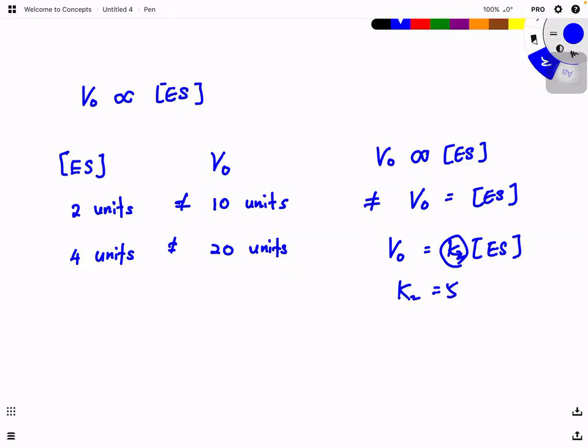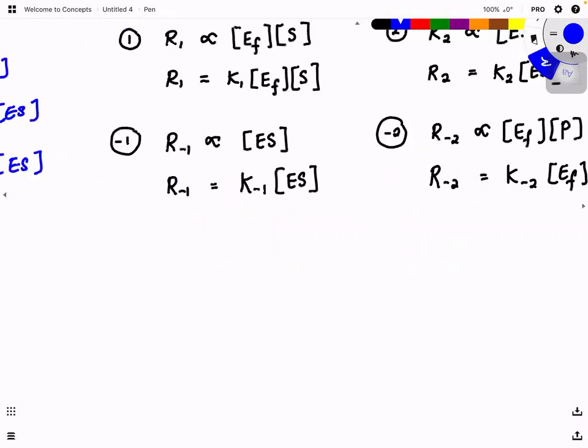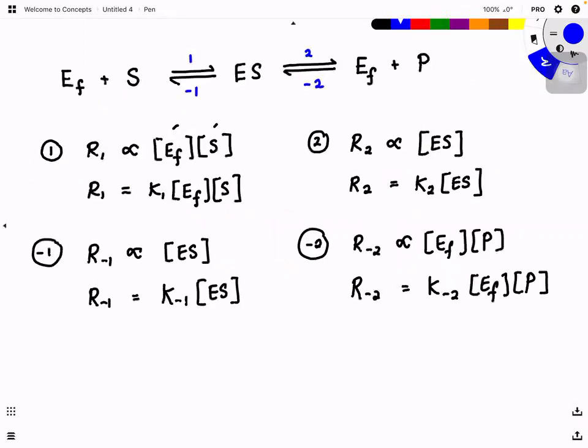Understand? So come back to this. Before we start to derive this formula, I mean the Michaelis-Menten equation, the first thing, according to the enzyme system, the very, very important idea here is that the rate of formation of the ES complex equals the rate of breakdown of the ES complex.